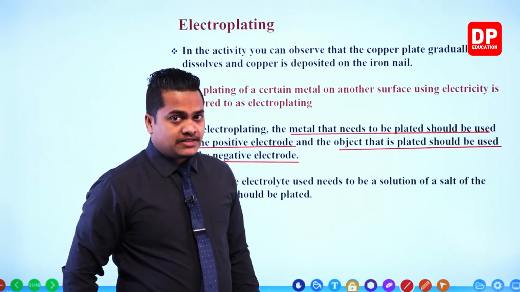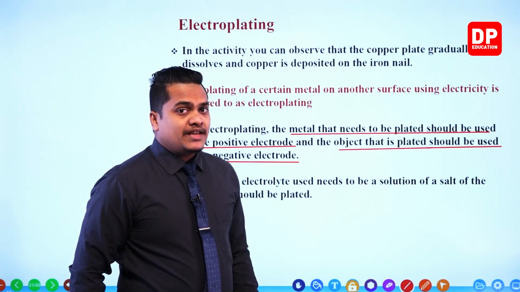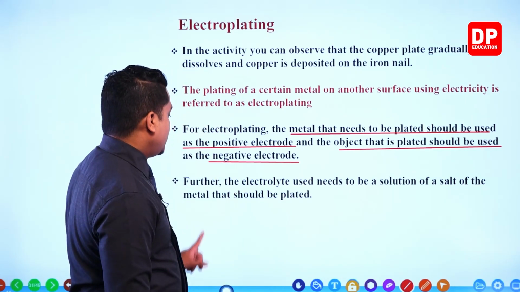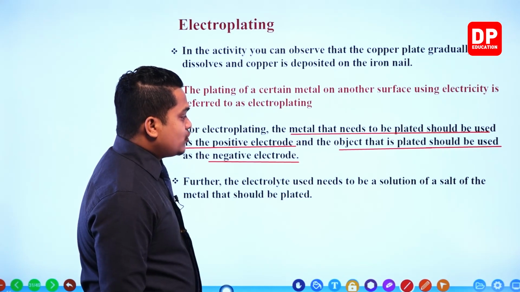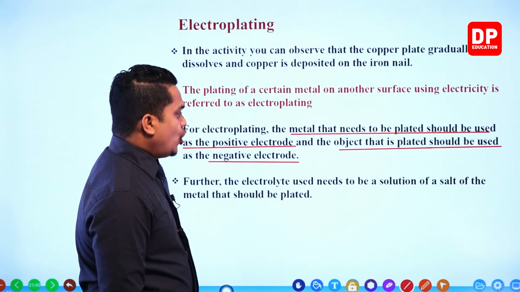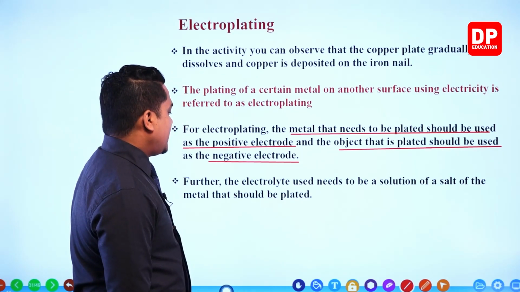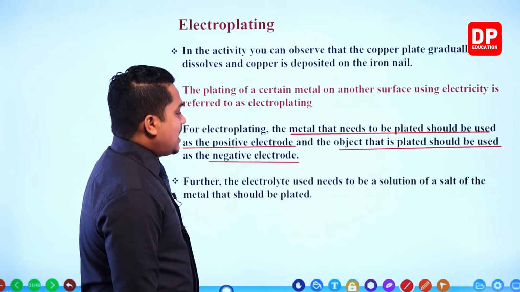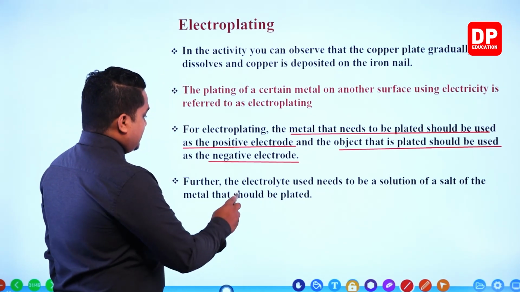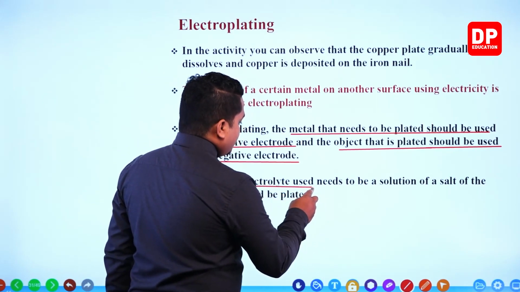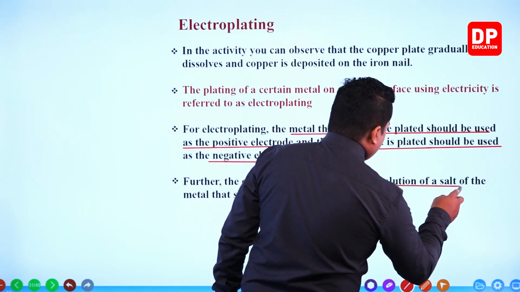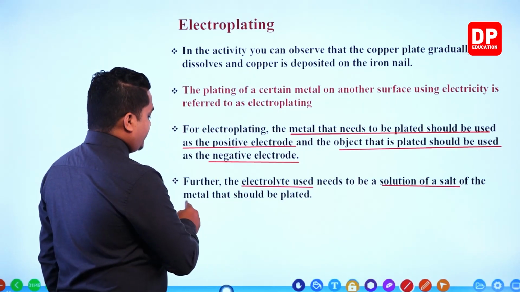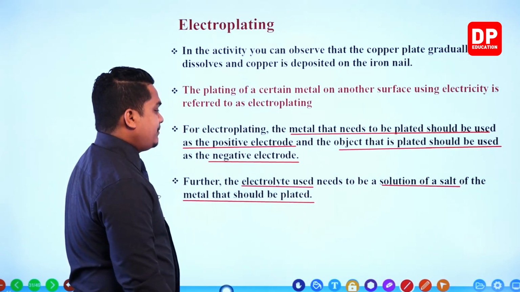Metal should be at the positive, object should be at the negative. Next one. Further, the electrolyte used needs to be a solution of a salt of the metal that should be plated.